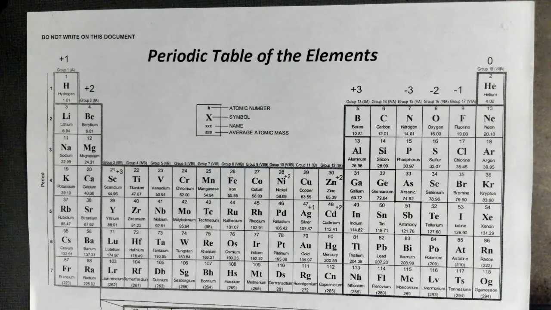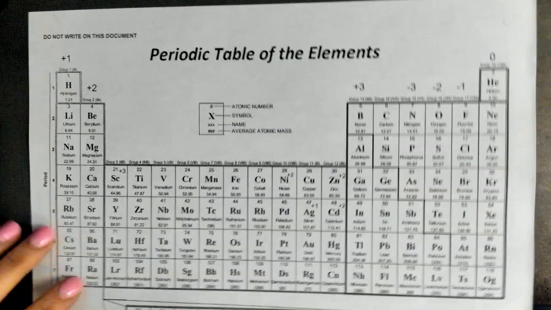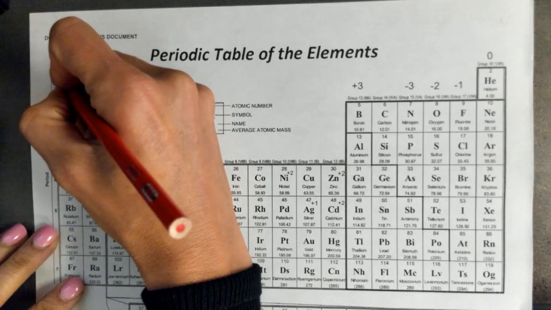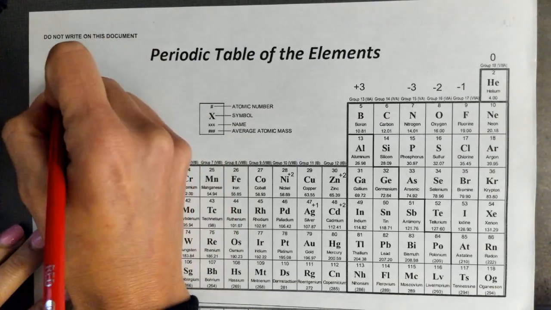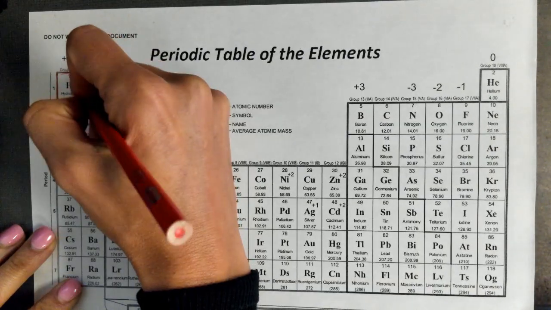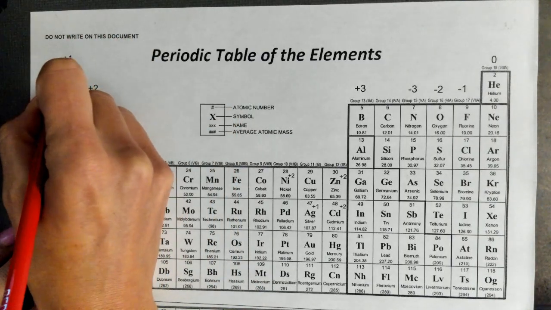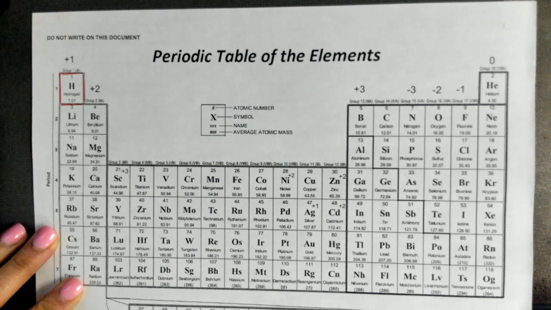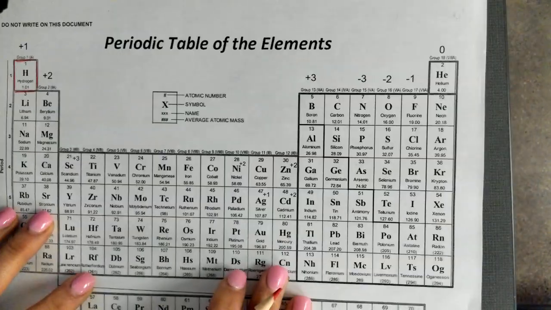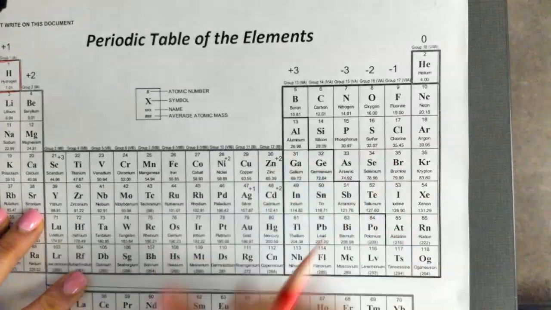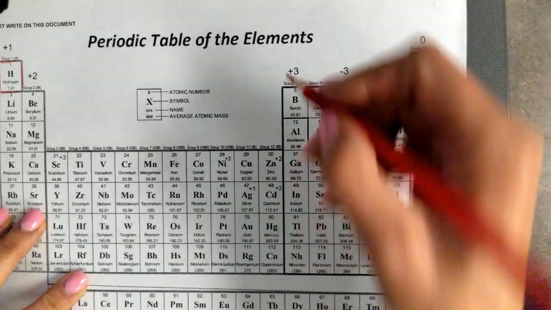So the first thing that you're going to want to do is we need to outline a couple of different elements in red. So the first element that we're going to outline is hydrogen. So using your red colored pencil, we're going to outline hydrogen. And we're also going to want to highlight the elements that are on the right side over here, starting with carbon.